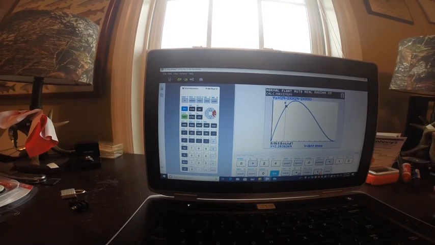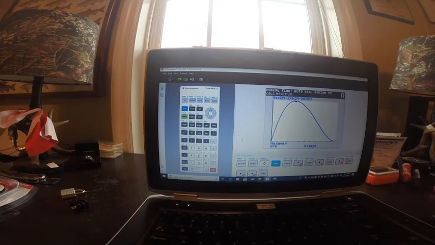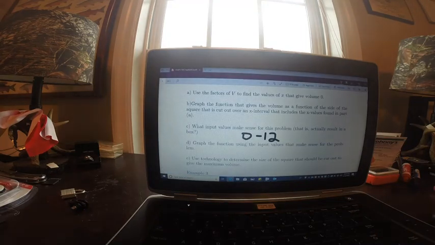I'm going to go right, hit enter, and then I'm going to guess about where it's at, because Y is our volume here. So our maximum volume is going to lie at X equals 4, and we're going to have a volume of 1024. So we'll answer our question. Max should be 4, comma 1024.